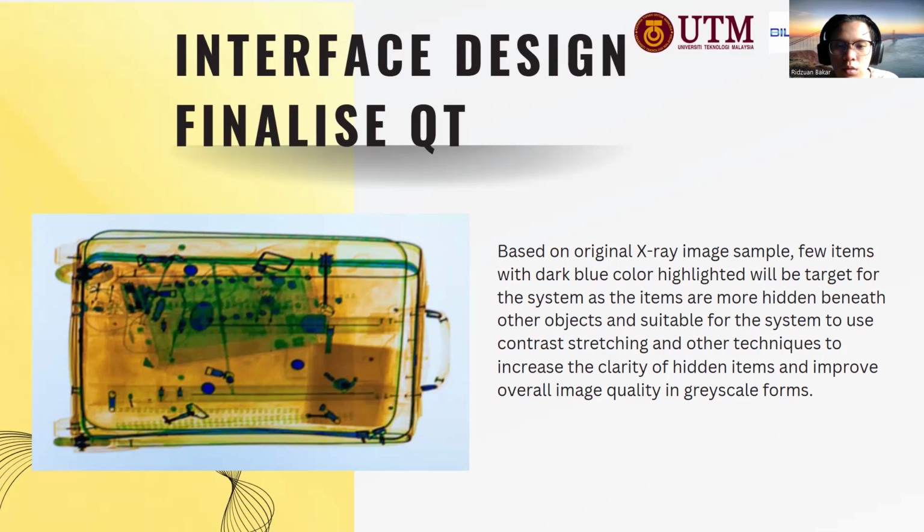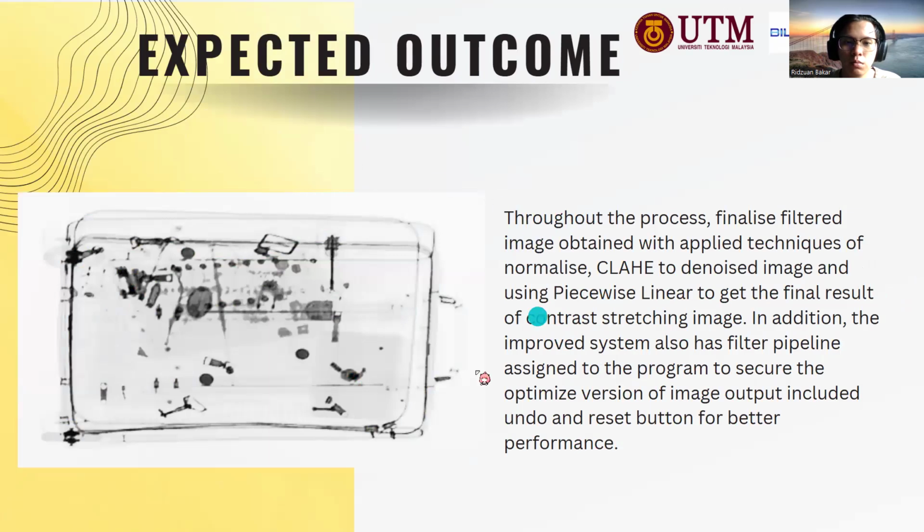So the main task of the system is to clear the obstacles or any objects that hide the hidden items, show the details of the hidden items with clarity, and also improve the overall image quality. So here's the expected outcome based on the original image.